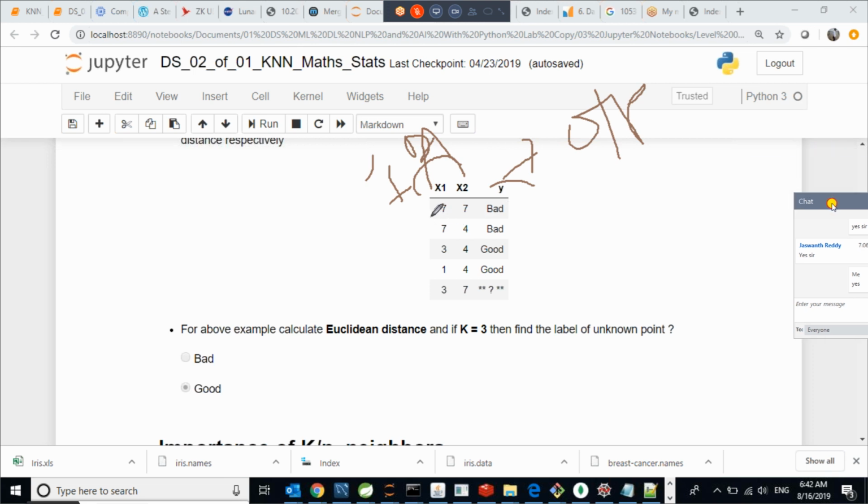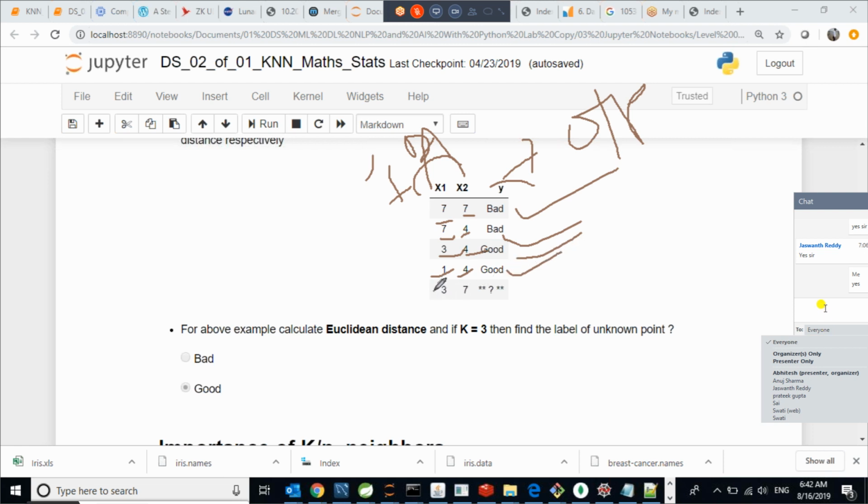Let's suppose the data is 7, 7: x1 is 7 and x2 is 7, and I am saying that this is bad. 7 and 4, bad. 3 and 4, good. 1 and 4, good.